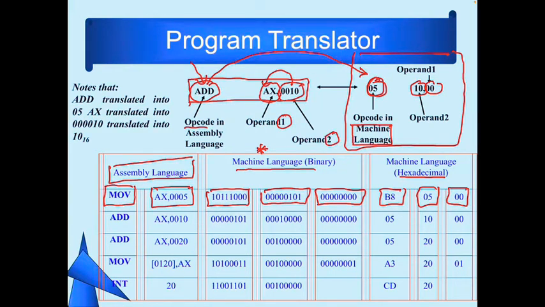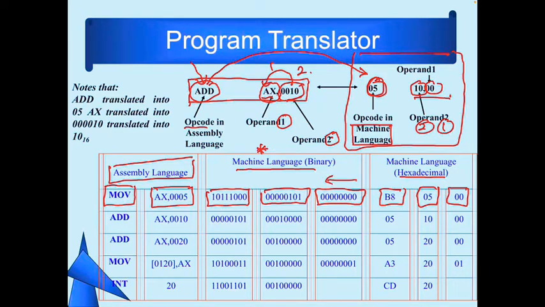Operand 1 is AX, operand 2 is 0010, and they become interchanged. That means operand 1 and 2 in assembly language become 2 and 1 in machine language. This happens because the machine reads from left to right.